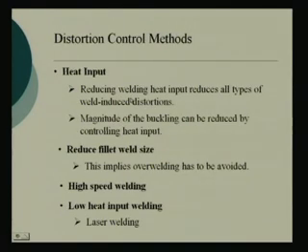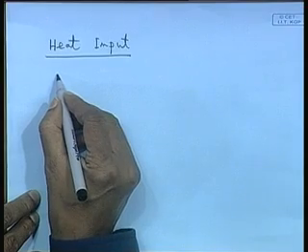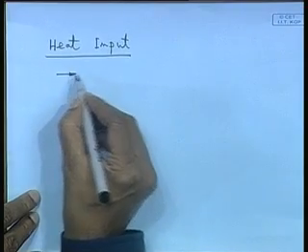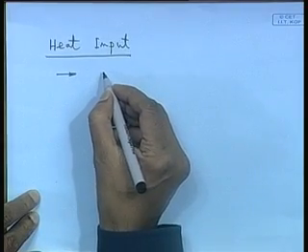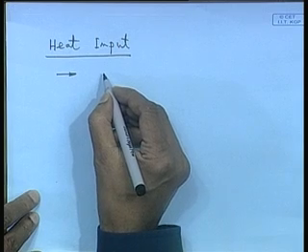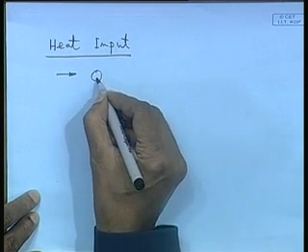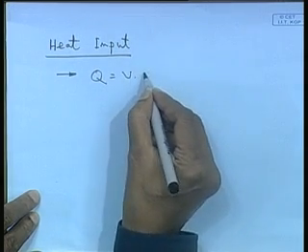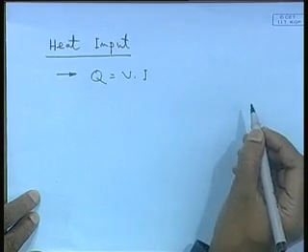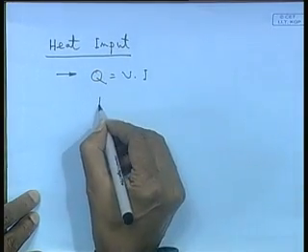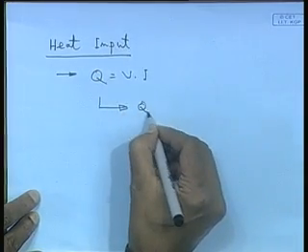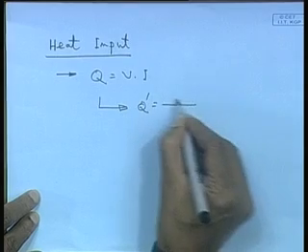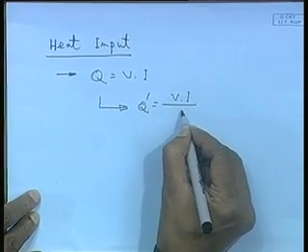One of the solutions for this reduction of heat input could be, because as we have seen, the distortion is not actually dependent on the absolute value of the heat input, that is V into I. It is actually dependent on the rate of heat input, that is V I divided by the speed.